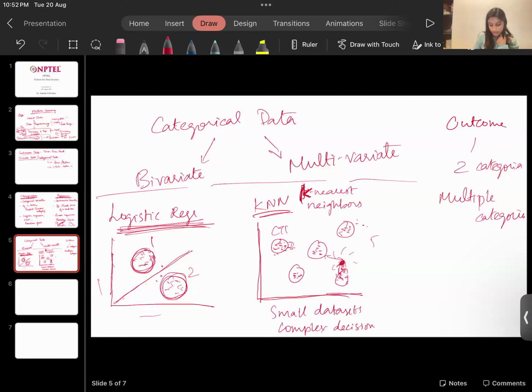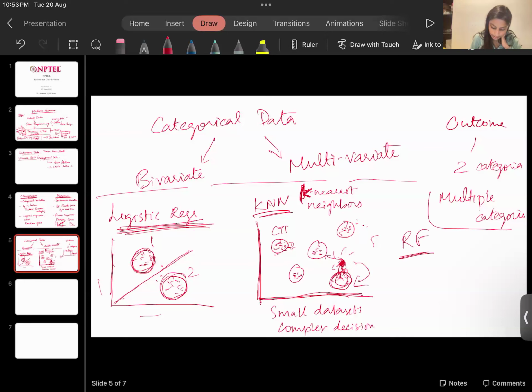Based on that, it identifies the 5 closest points. And so basically this test data point will be grouped along with this cluster. So this is the idea of k nearest neighbors. It looks at the closest points and it will be assigned to its closest match.